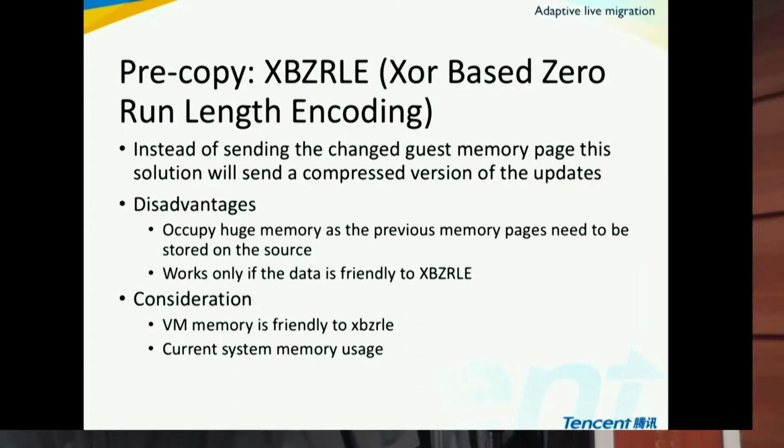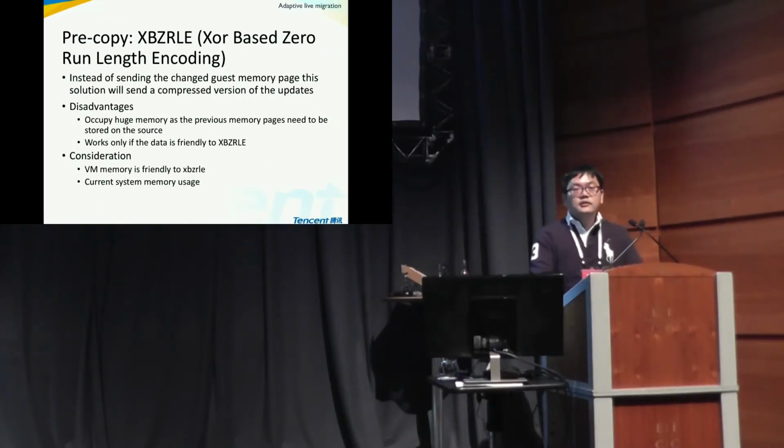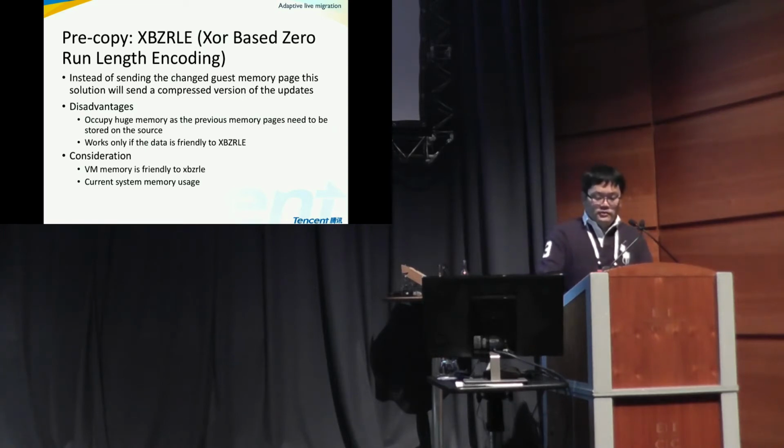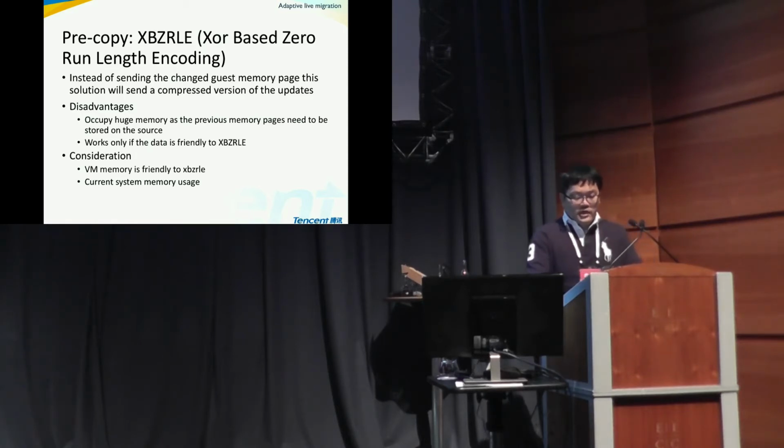XBZRLE is also a kind of compression. Instead of sending the changed guest page, it will send a compressed version of the updated guest pages. But there are also disadvantages. It requires additional system memory. And during migration, the system resources may change all the time.